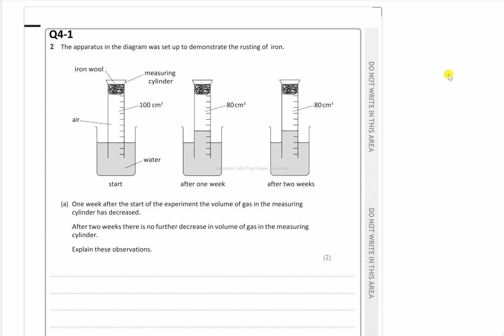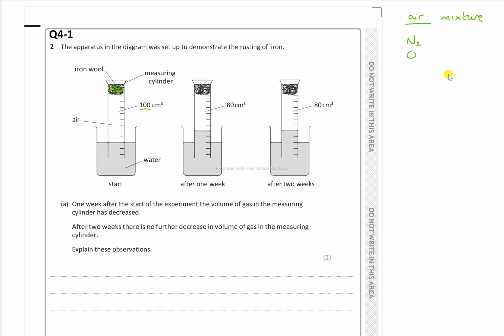Right, okay, let's do this one. This is doable. You've got iron wool here. You've got a measuring cylinder. You've got 100 centimetres cubed of air. Remember we said air is a mixture. What does it consist of?